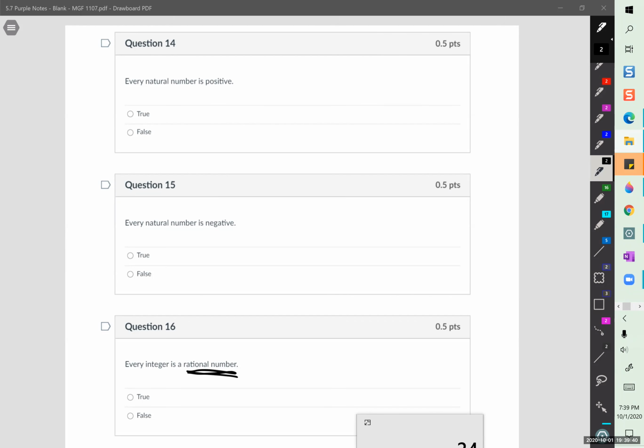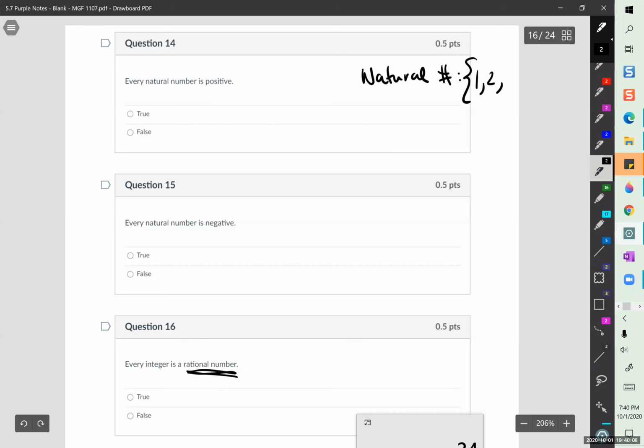Kimberly, correct? So for these problems, it would be helpful in our note sheets to have the descriptions of these written out.